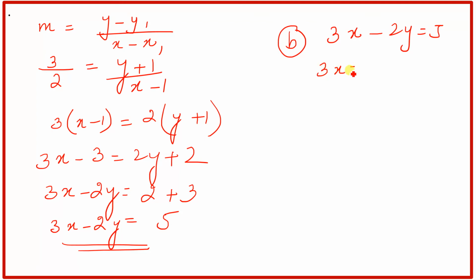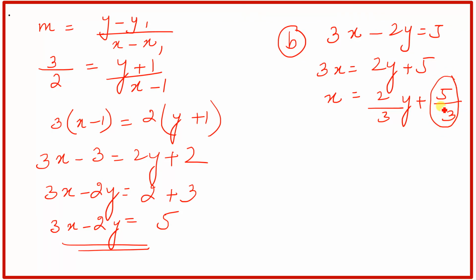Here 3x is equal to 2y plus 5, and x is equal to 2 over 3 y plus 5 over 3. So see, this one is the x-intercept, and we have discussed this intercept, y-intercept or x-intercept, in the previous lessons as well.